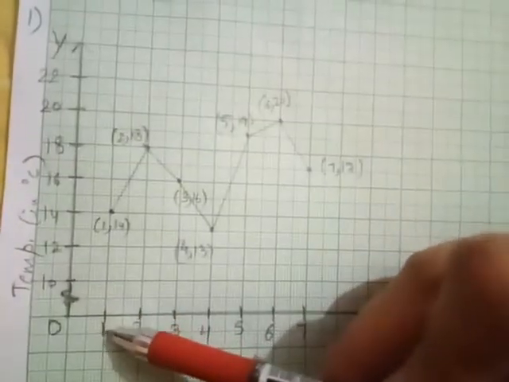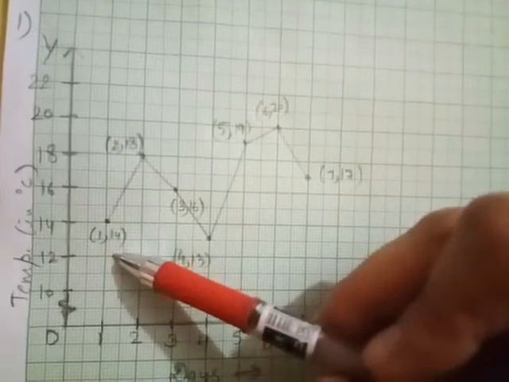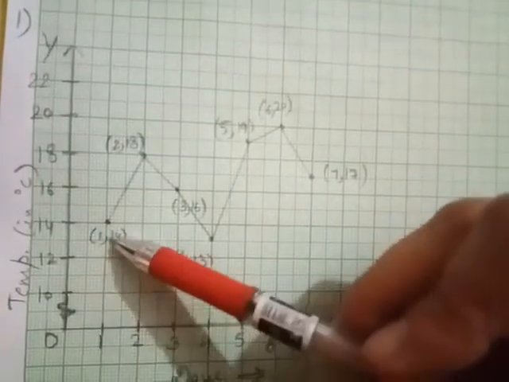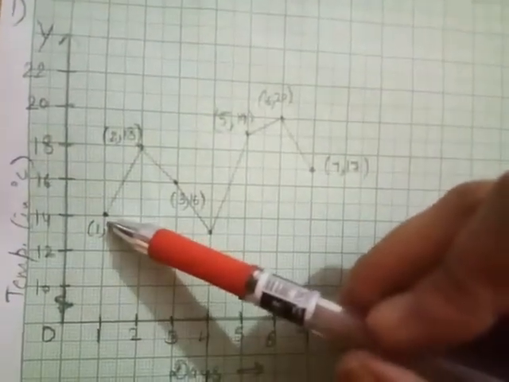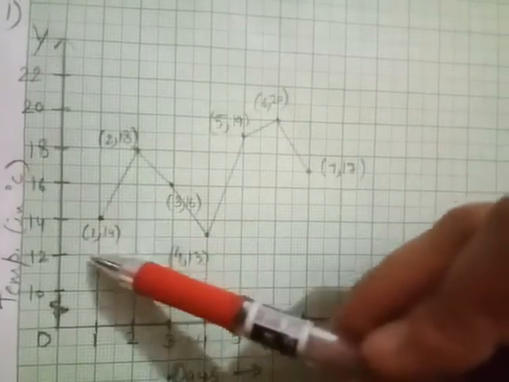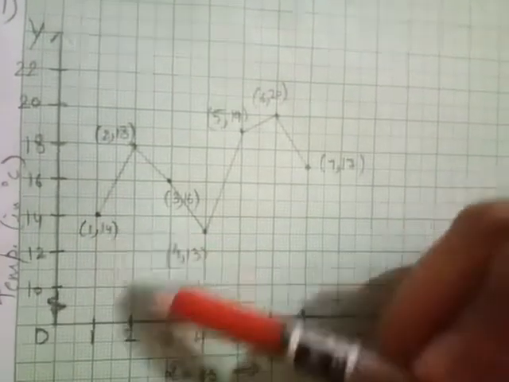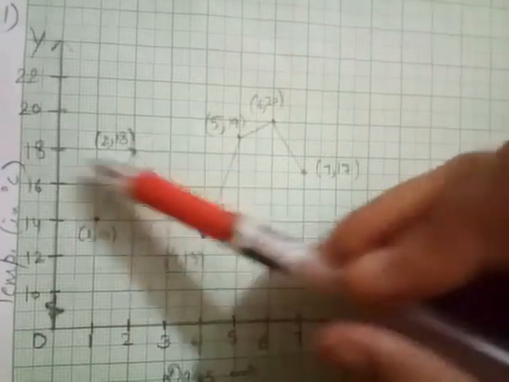Now this is the main new thing for you, the rest you know. Here first is given 1 and 14. 1 is this and 14 from here. Mark a point here, you can write the coordinates also. And next is 2 and 18. Mark the point.